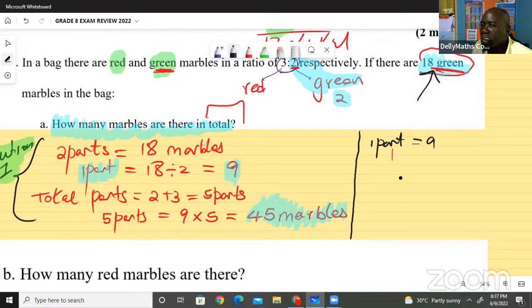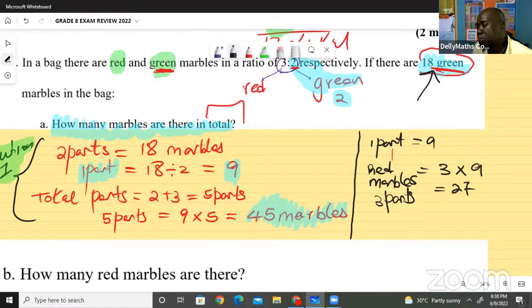So I'm going to focus on the red parts. Red marbles is equal to, remember red is 3 parts, so it's going to be 3 times 9, and I will get 27. So the red marbles would be a total of 27.